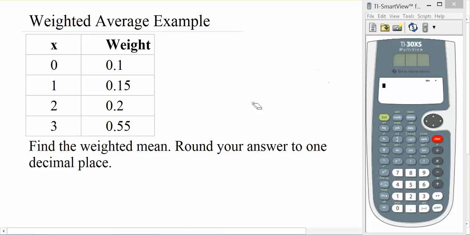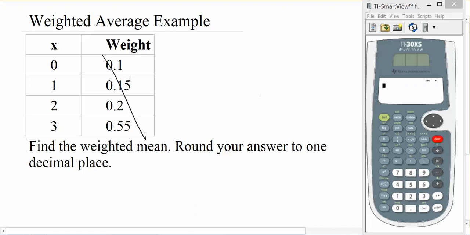So that, for instance, if we look at this table over here, we have a weight of 0.1 for our zeros, a weight of 0.15 for the ones, a weight of 0.2 for the twos, and we can think about this like saying 10% of this are zeros, 15% of them are ones, 20% are twos, and 55% of these are going to be three.